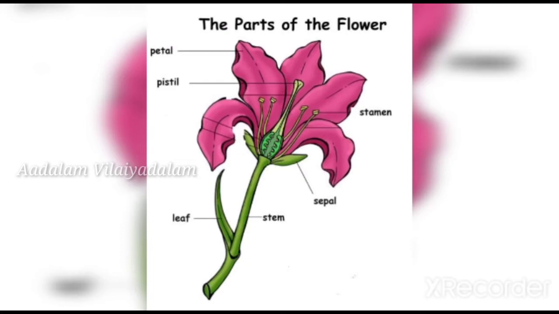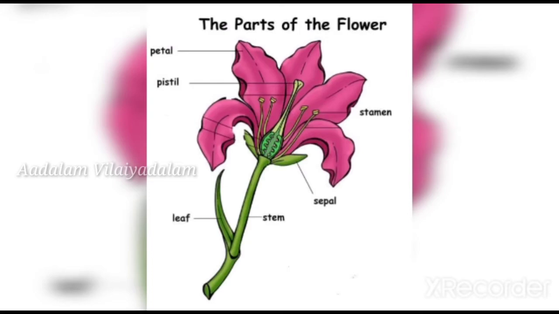Sepals are usually green in color. The next part, petal. Petals are often bright colored. Their main job is to attract insects such as bees or butterflies to the flower. The insects help the flower in the transfer of pollen grains.